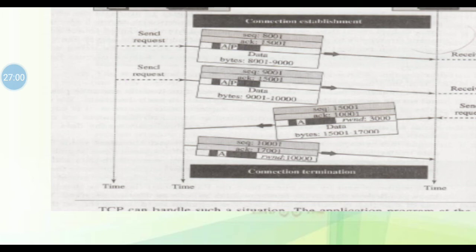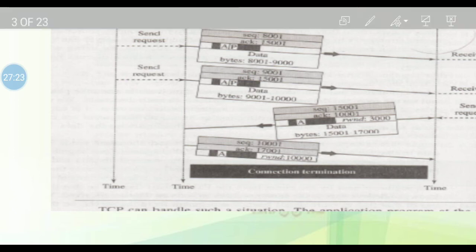The application program on one side wants to send a chunk of data to the application program at the other side and receive an immediate response. Delayed transmission and delayed delivery of data may not be acceptable to the application program. Then TCP can handle such a situation.